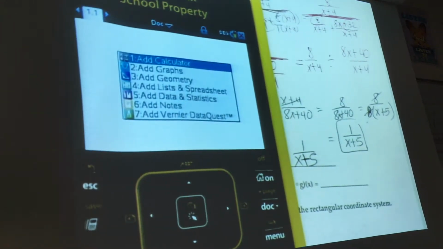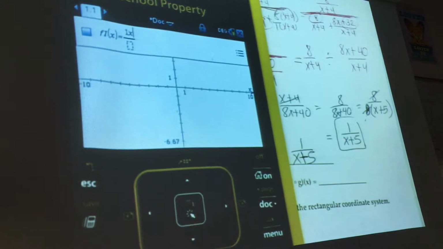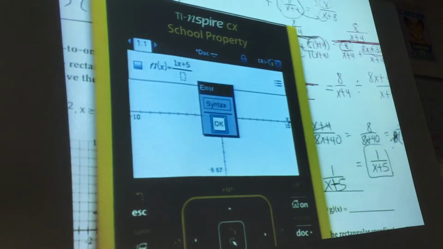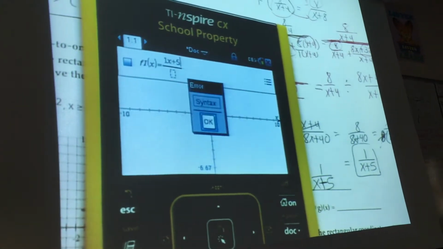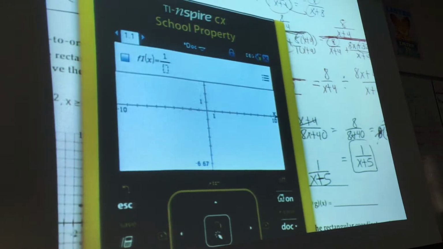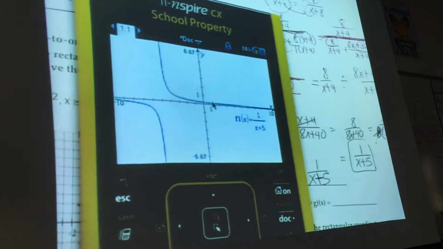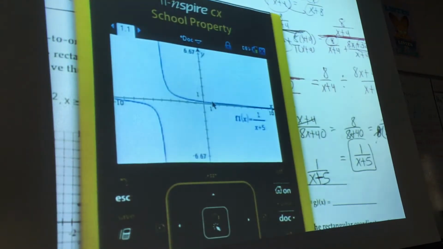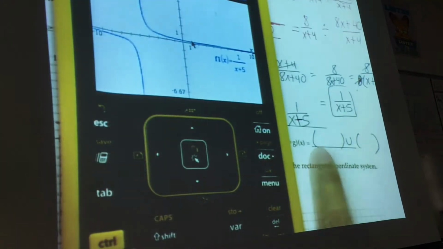So when I graph this, I have 1 divided by x plus 5. And when I look at this, where does this graph split? So I should know my answer is going to look like this because I have 2 parts, my domain.